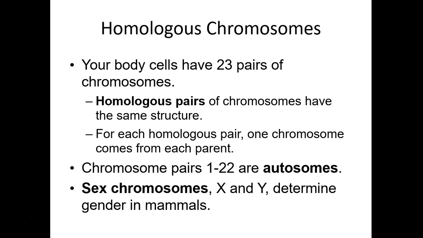And so the X and Y chromosomes are going to determine if that organism is male or female, and all of the characteristics that go along with that, such as which hormones are produced in what quantities and physical features.